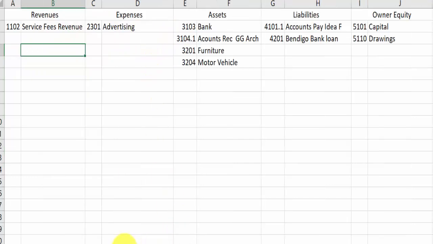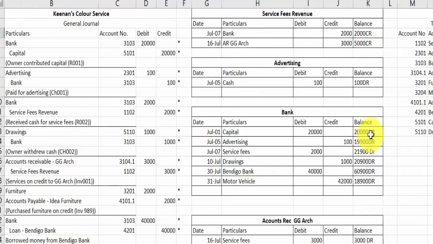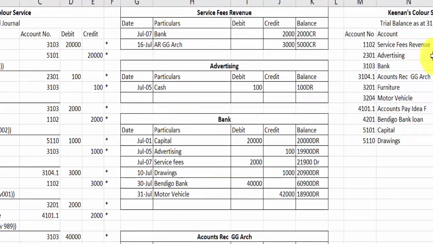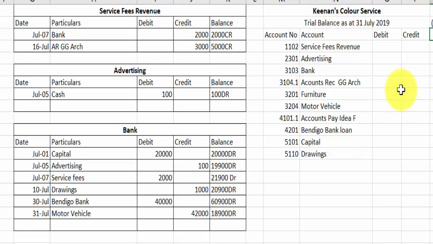Similarly, the process to construct a trial balance is to go through and find the final balance of each account in your ledger. In this instance I'm going to transfer 5,000 credit to the credit side here, and similarly that says 100 credits, so I'm going to do that, and so on.